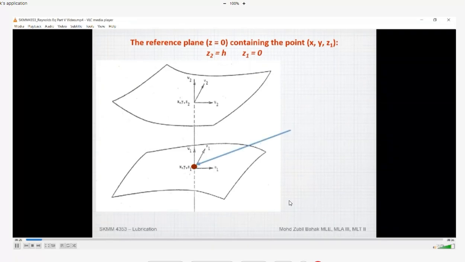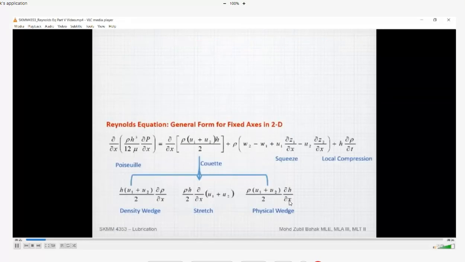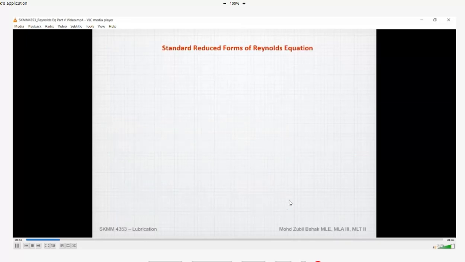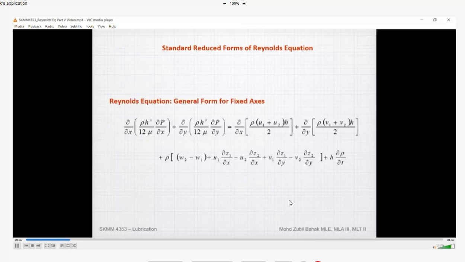With that, we have the boundary condition as shown, and we put it into the general equation of the Reynolds equation, and finally we have this particularly long Reynolds equation which consists of the Poiseuille, the Couette, the squeeze, and also the local compression. In this video we will try to find the reduced form of this Reynolds equation, which we can apply easily to a real bearing.